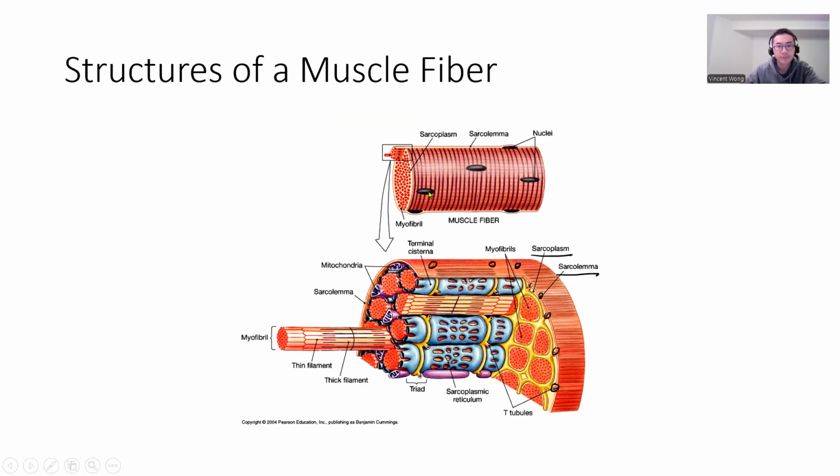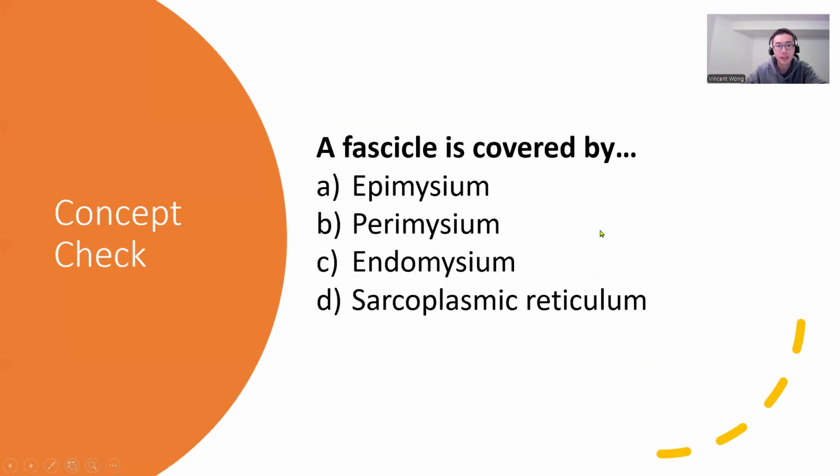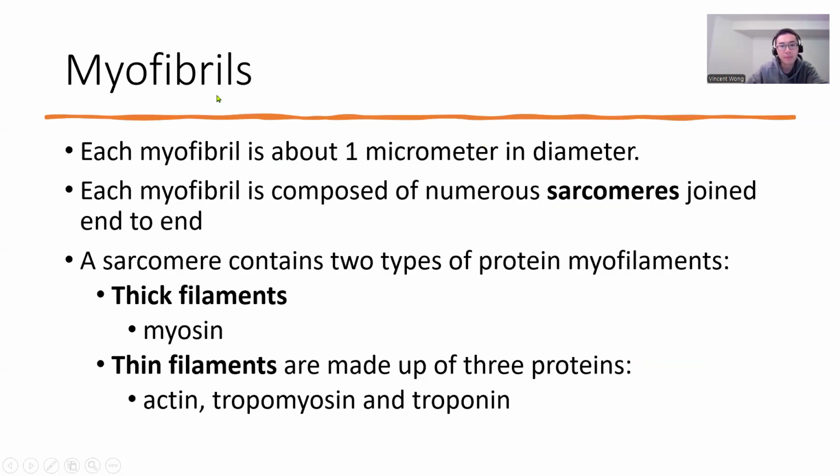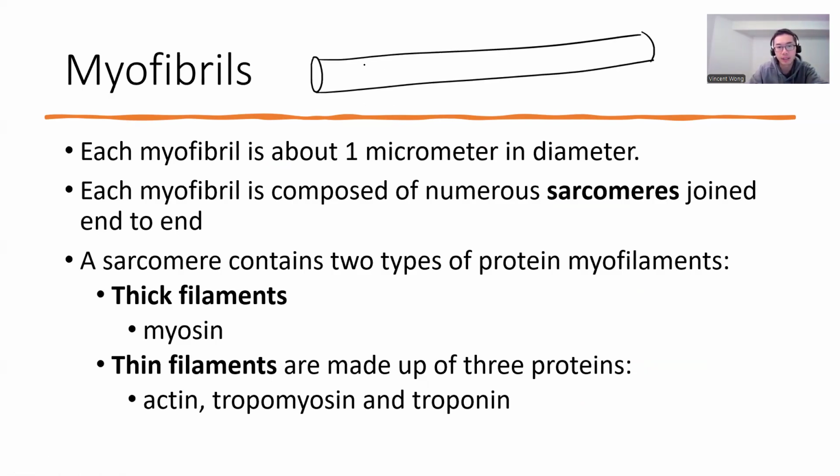Now, if you take a closer look at the myofibril, the myofibrils are very, very small in diameter, and as I showed you, the entire myofibril is made up of repeating units of sarcomere. One of these is a sarcomere, another sarcomere here.